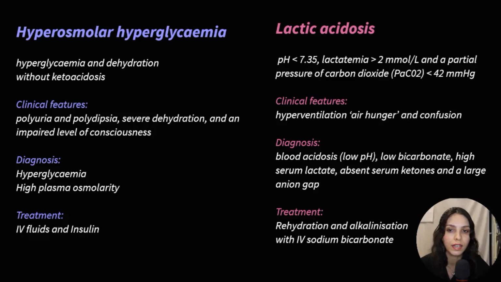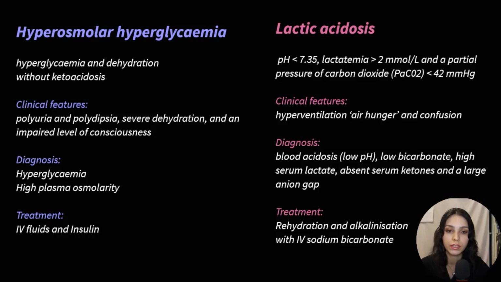Next is hyperosmolar hyperglycemia, which is hyperglycemia and dehydration without ketoacidosis. Clinical features are polyuria, polydipsia, severe dehydration, and impaired level of consciousness. And this level of consciousness correlates with plasma osmolarity.